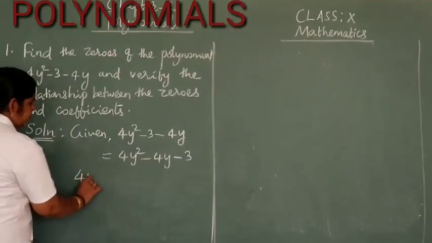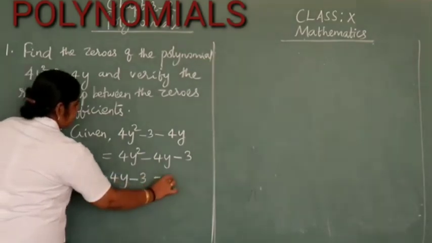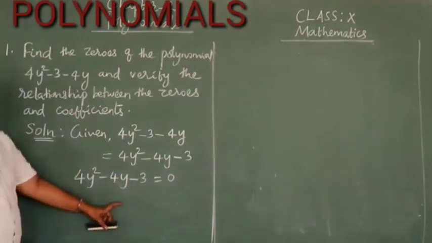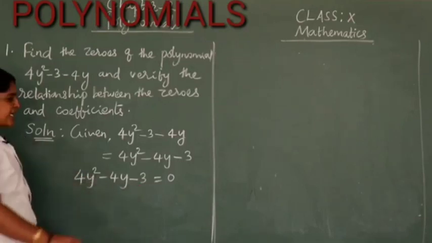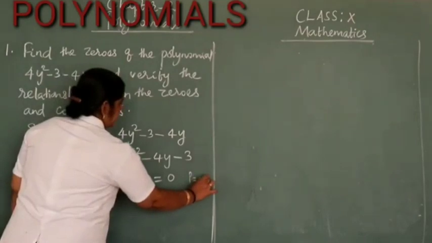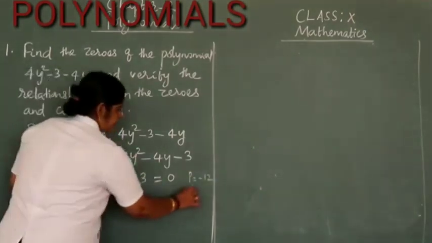So 4y square minus 4y minus 3 equal to 0. Now we are going to find the zeros. So you know that product value, what is the product value? 4 is the coefficient of y square. So here 4 into minus 3, minus 12 is the product value and the sum is minus 4.